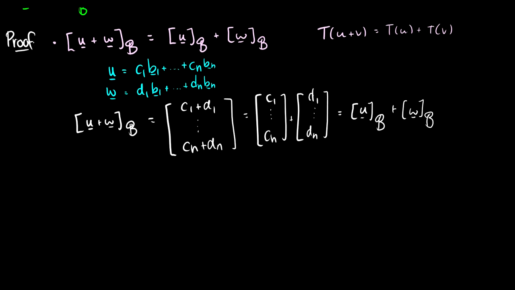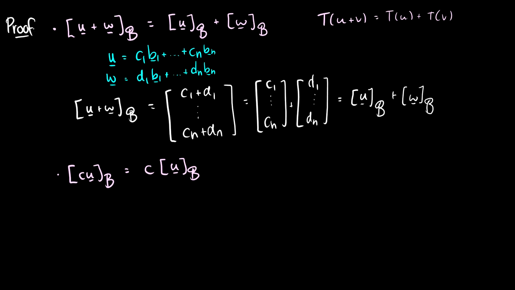Okay, the next step is for any scalar c, c times u relative to B has to be equal to c times the vector u relative to B. So we're going to use our u, which is equal to c1 b1 all the way up to cn bn from the last time, and we're going to do the same thing. So c times u relative to B, well, again, this is just the vector c. Oh, I shouldn't use c here. Let's use a different letter.